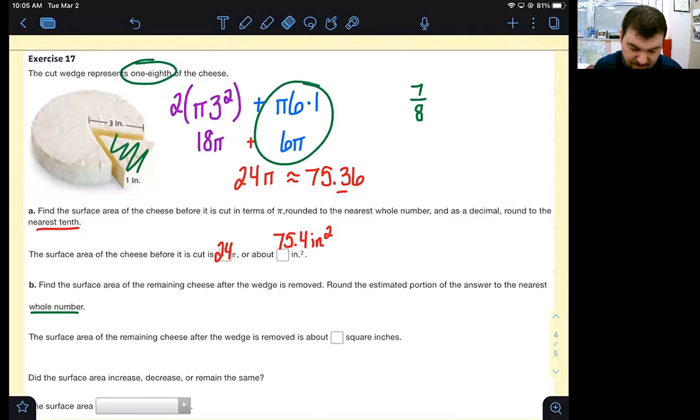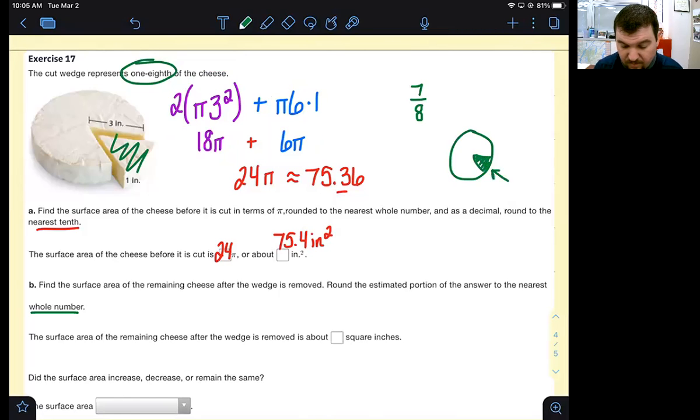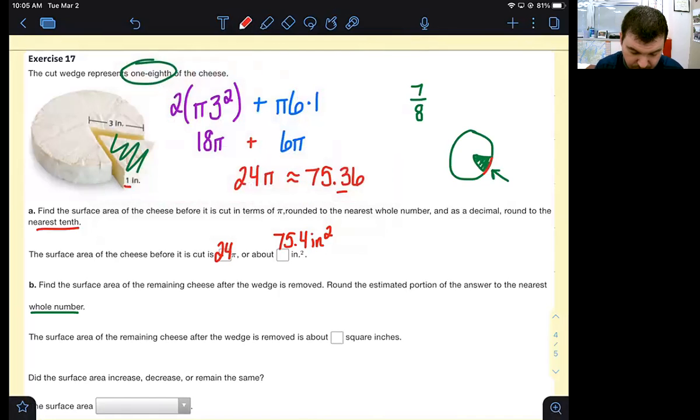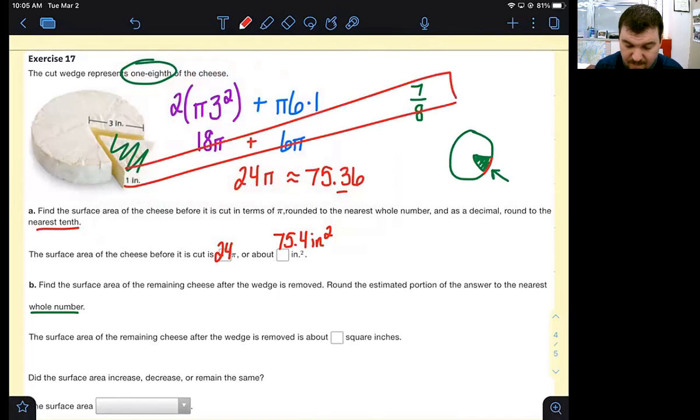Because if I take that chunk out of the circle, not only is it out of the top circle, but it's also out of the bottom circle. And because this outside part also represents 1/8 of the circle, my lateral rectangle is going to have a chunk missing as well. So it's only going to be 7/8 as long.